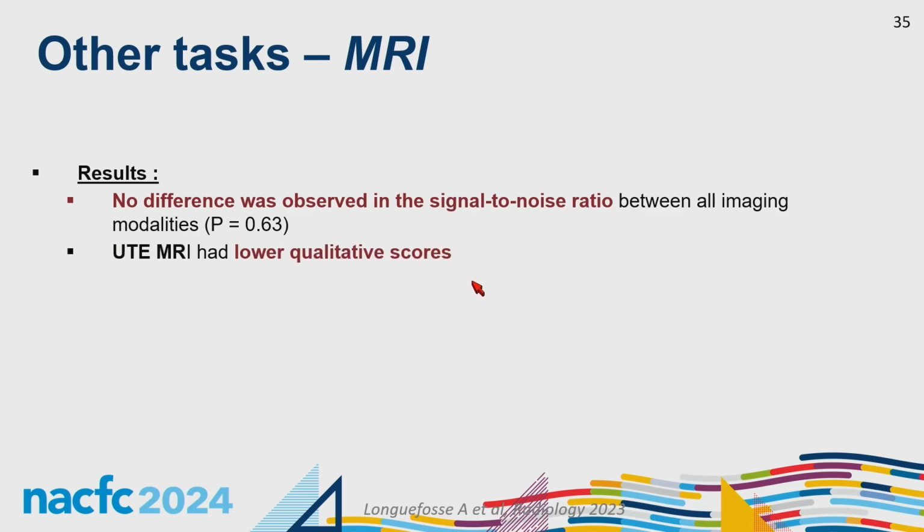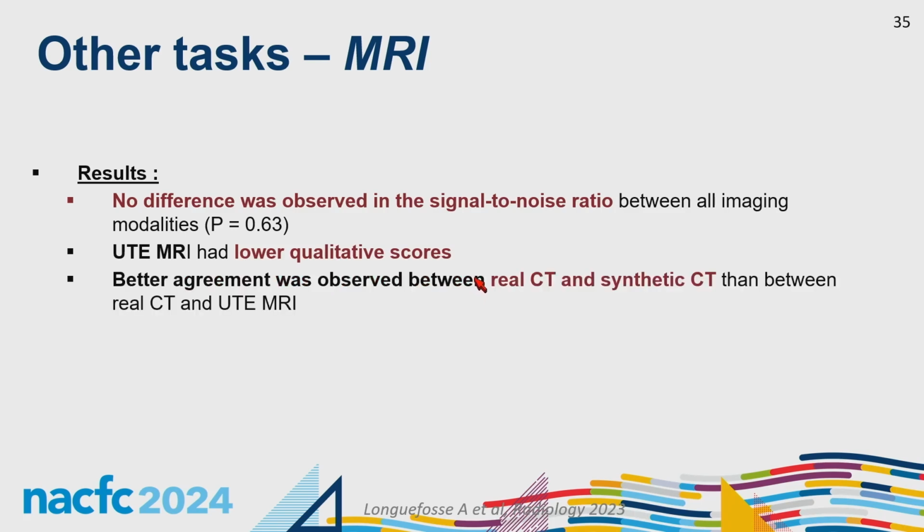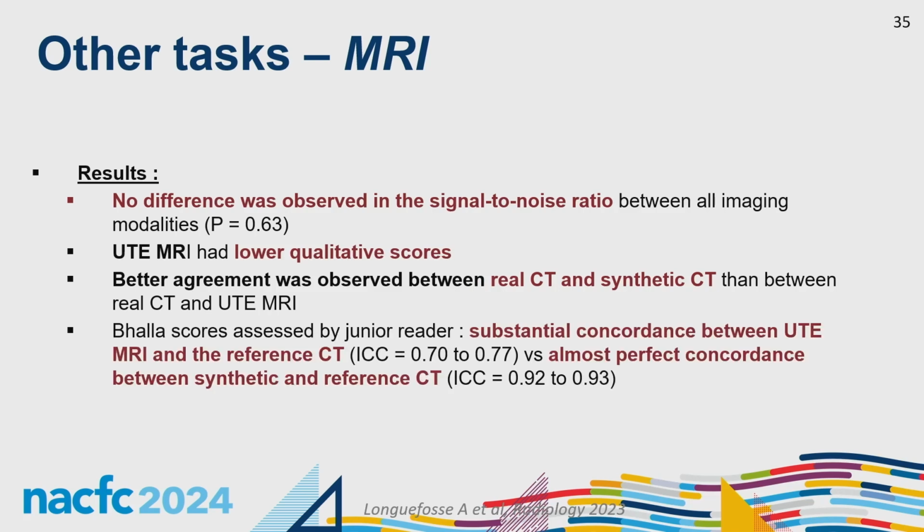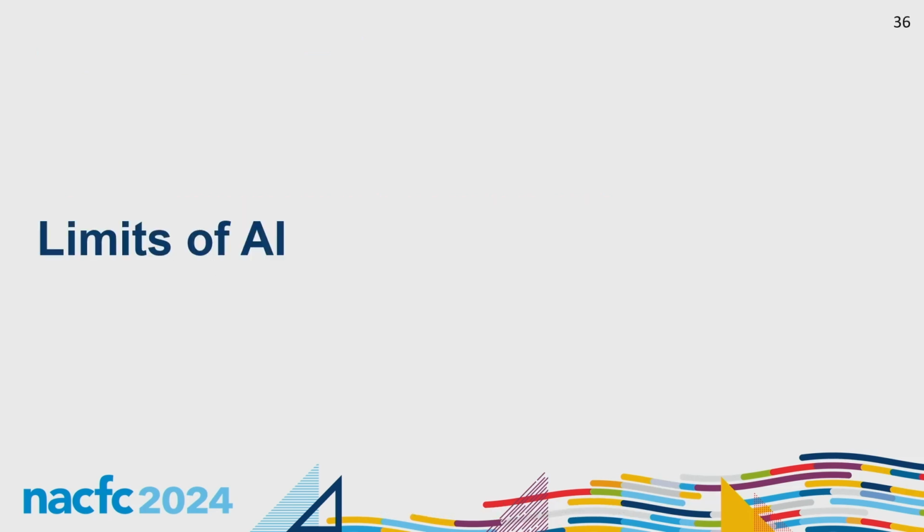UTE MRI had a lower quality score compared to the two others, the CT scan and the synthetic CT scan. There was a better agreement between real CT and synthetic CT scan, and for junior radiologists, in fact, it was easier and they were more accurate when they scored the synthetic CT scan rather than the MRI.